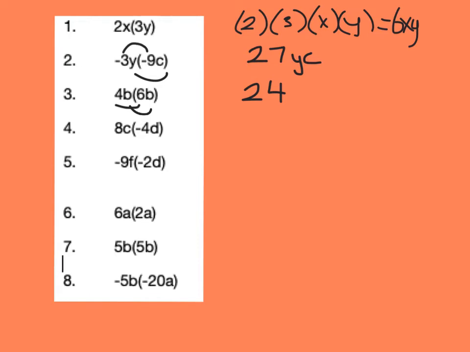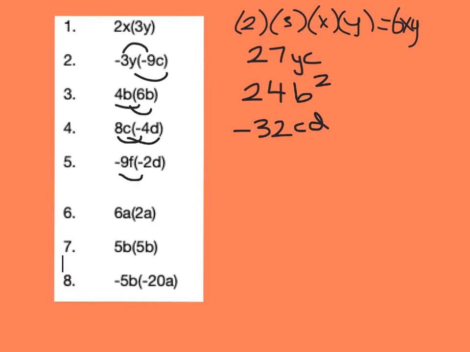Remember with this one, b multiplied by b gives me b squared, and that was at the end of the last video. 8 by minus 4 gives me minus 32, and c by d gives me cd.